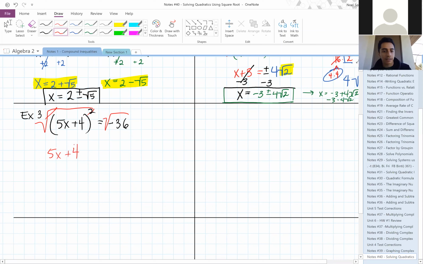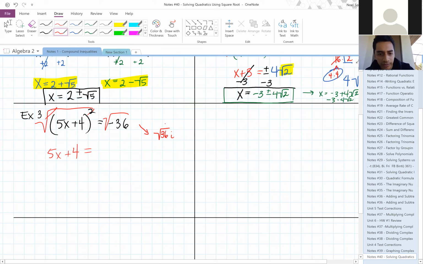All right, now on this side, what can we say? Notice how you have the square root of a negative 36. If you were to make that conversion, just do a little bit of aside scratch work, that's like saying the same thing as the square root of 36i, right?